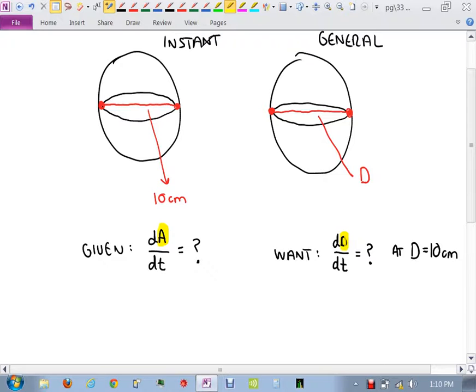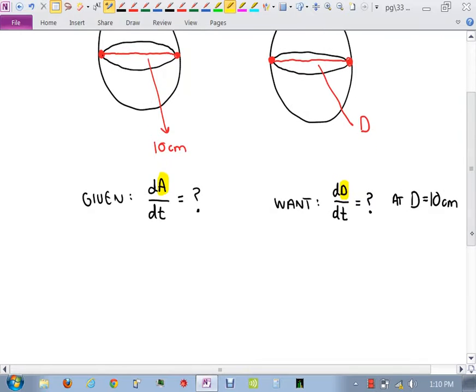So I go back to my formulas. And the only formula I have in the book says under sphere that the area of a sphere is equal to 4 pi r squared, right? That's the only formula I have.